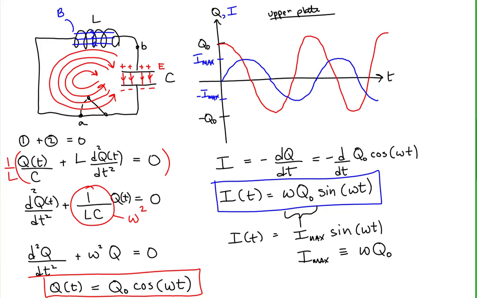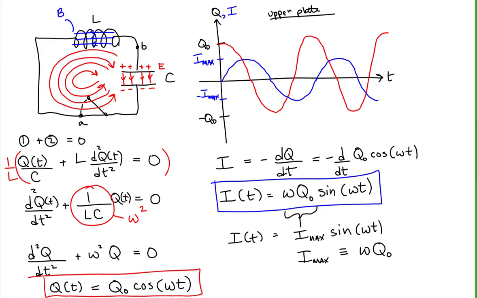And then as the upper plate starts accumulating negative charge, notice how the current in the circuit reverses direction. And then when the charge on the capacitor's plate starts accumulating positive charge again, the current begins to increase until it's eventually positive.